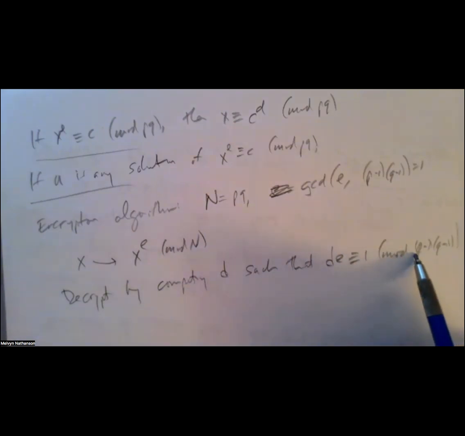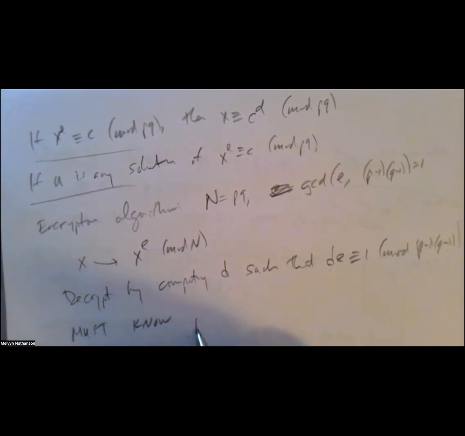And if you know p minus 1 q minus 1 and you know e, it's easy to find d. So you must know p minus 1 q minus 1 given n, which is pq, and e.